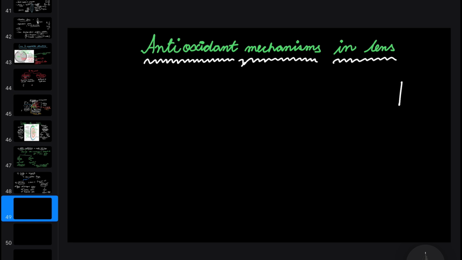The first one, as you can already see from the heading, is the antioxidant mechanisms that are present in the lens. Now, what does this mean? See, the word antioxidant, we know that our body requires a lot of antioxidants in many different bodily functions.